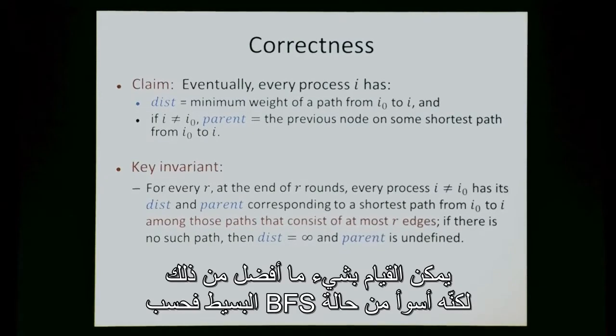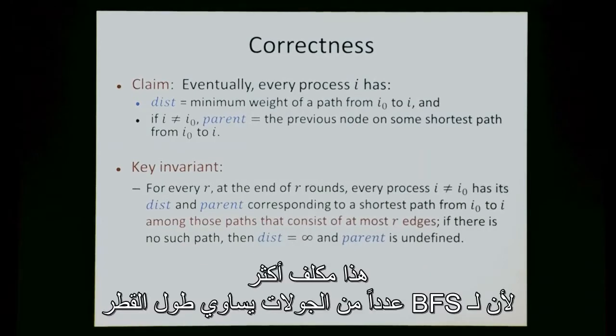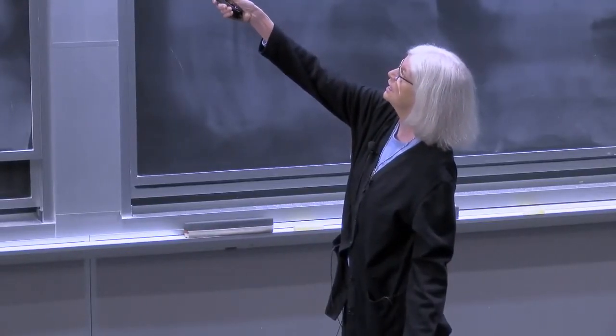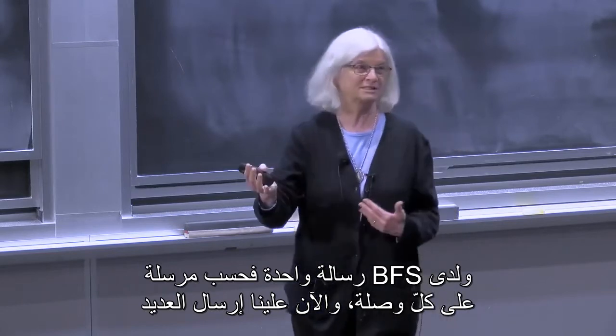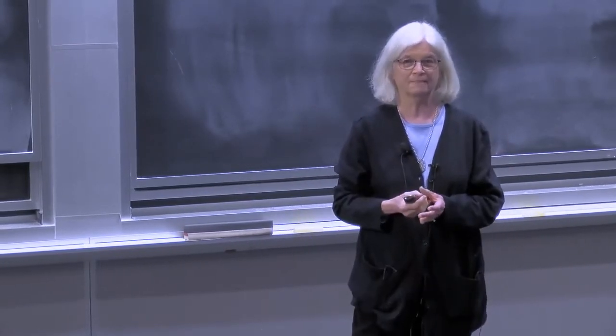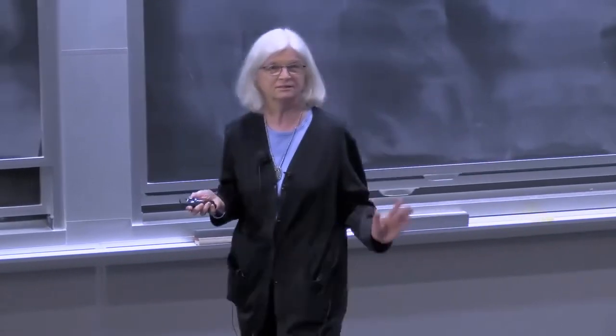So you can do somewhat better than this, but it's worse than just the simple BFS case. Okay, so this is more expensive because BFS just had diameter rounds, and this now has n minus 1 rounds, and BFS just had one message ever sent on each edge, and now we have to send many. Comments, questions?